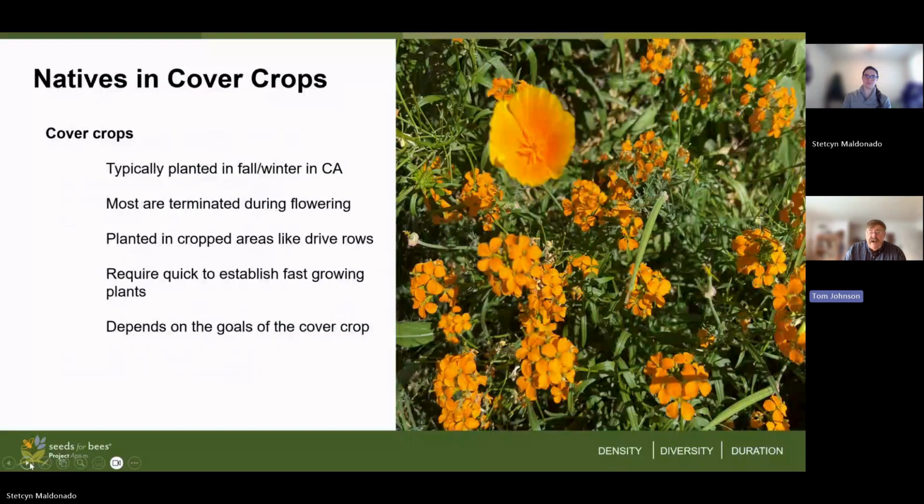We're also going to utilize ones that are quick to establish and grow fast for the mere reason that we're putting it in a cover crop. Cover crop's not going to be there forever. We want it in there. It's got to compete with the rest of the cover crop. So which ones we choose to use a lot of times are going to depend on the goals of our cover crop. Are we trying to feed pollinators, native and other kinds?